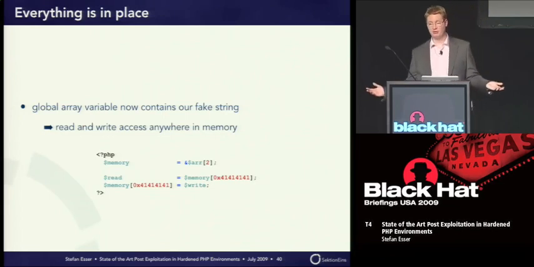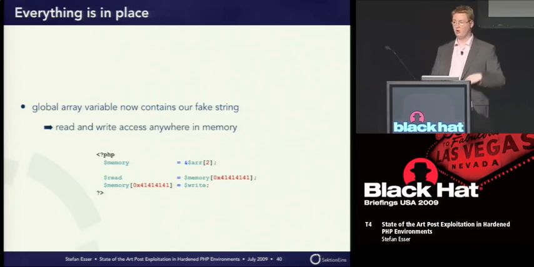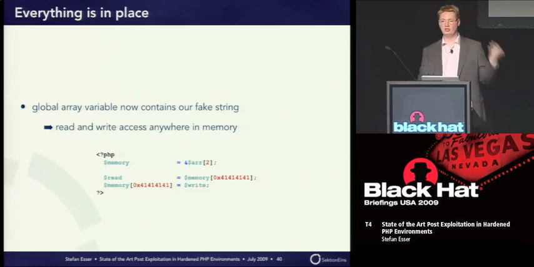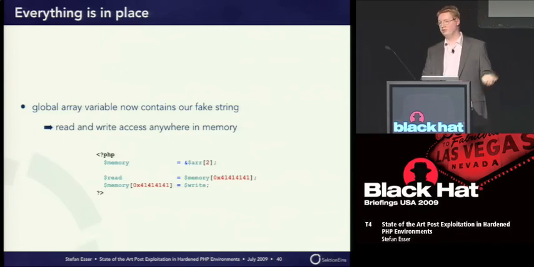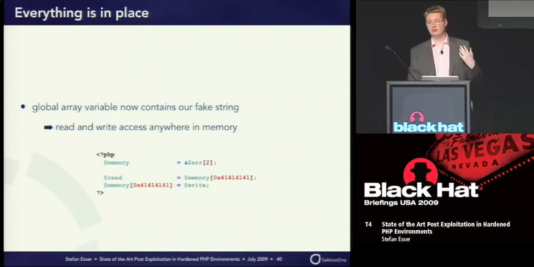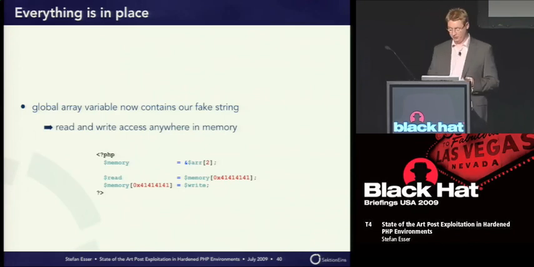So, arbitrary memory read and write. Everything within PHP, everything completely stable. Of course, if you now try to access memory that is not paged, you will end up with a segmentation fault or a bus error. But if you do this in the right way, then you can do whatever you want.